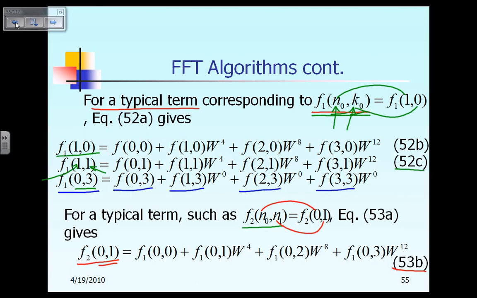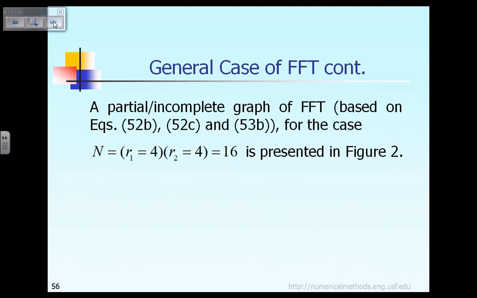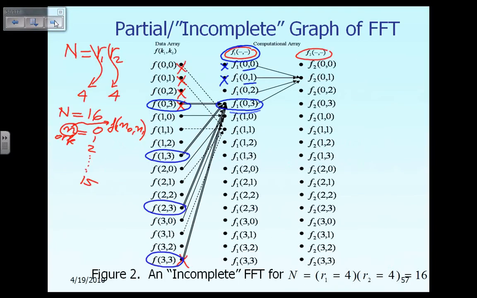Each term you have to multiply with some W raised to a certain power. So f1(0,3) can be computed like that, and that is exactly what I showed you in this graph. You see, f1(0,3) can be computed based on the previous 4 data: f0,3, f1,3, f2,3, and f3,3.